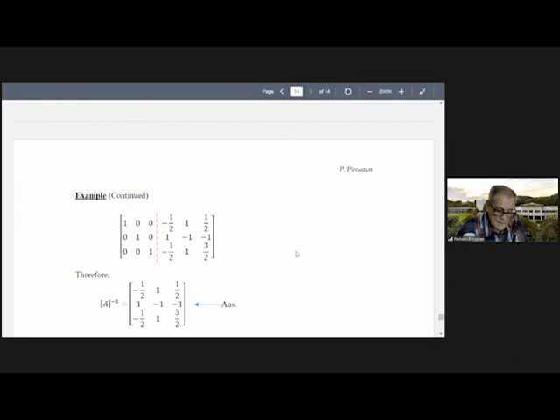But the question is, why is the Gauss-Jordan elimination method preferred compared to the cofactor method? Why do you think it makes it preferable?